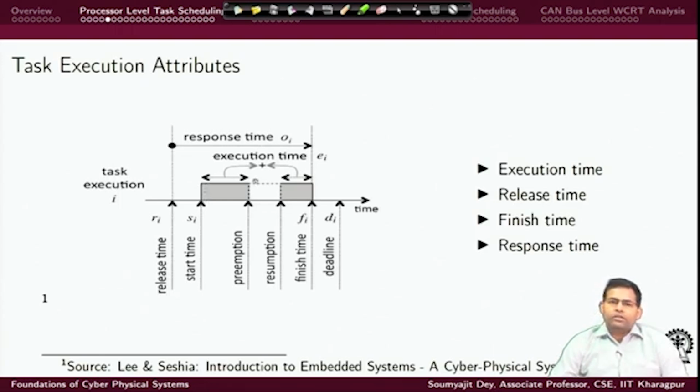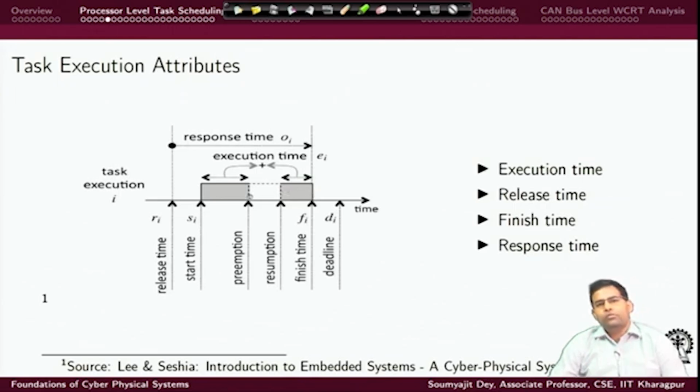Like we discussed earlier, the task's execution may be preempted by some other event or some other task of higher priority. These are points of preemption where a task can be preempted, and when the task resumes, it will continue its execution.